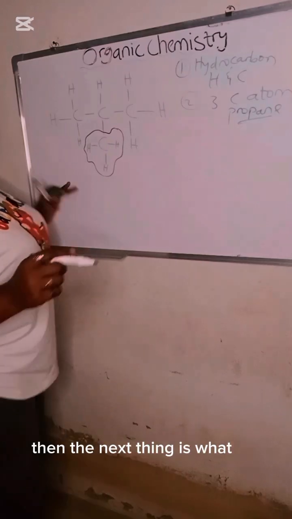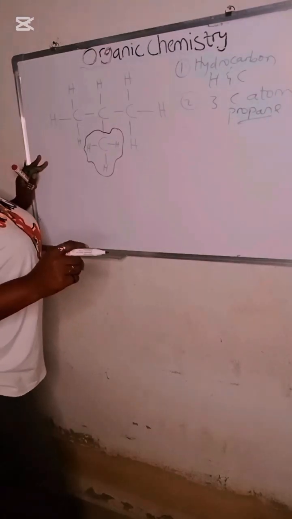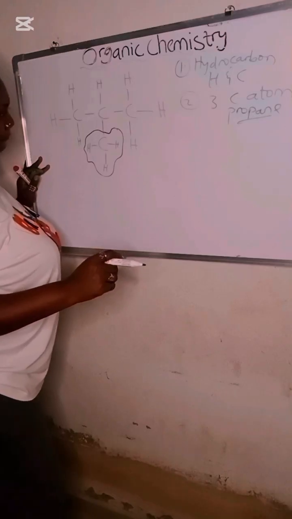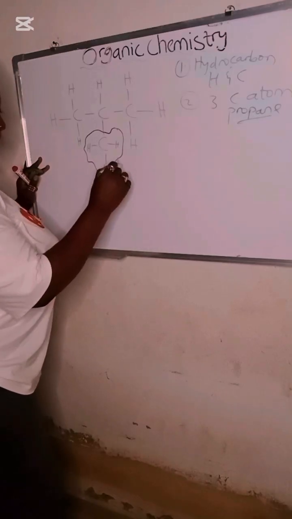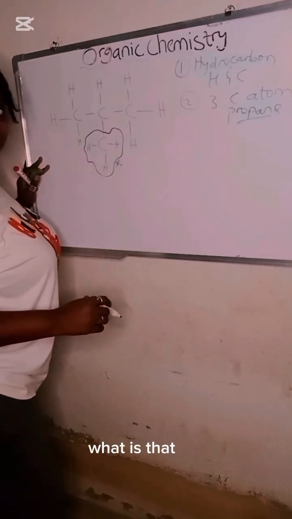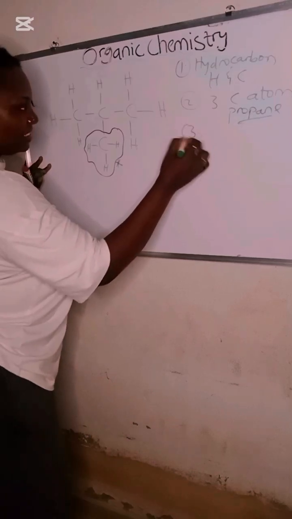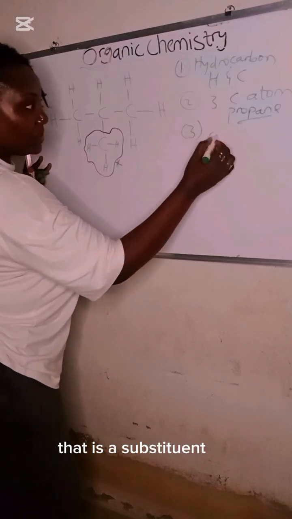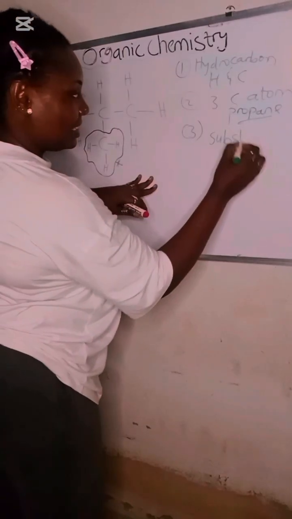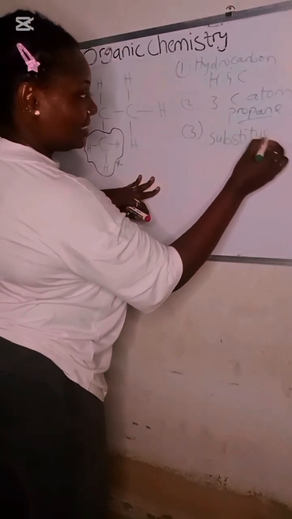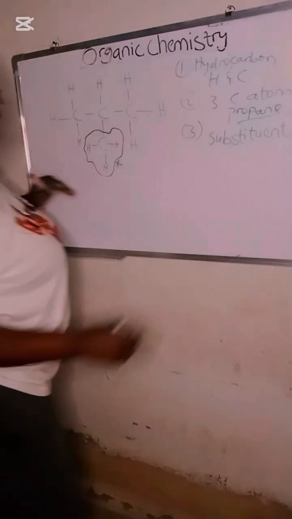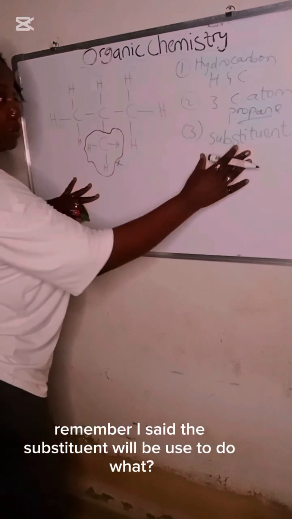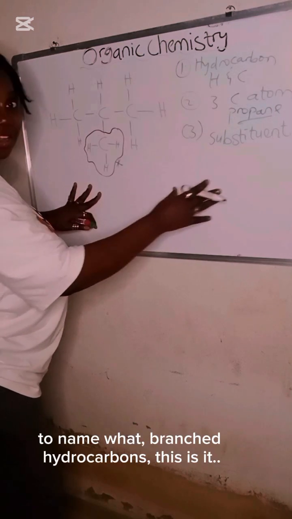Yeah. Then the next thing is what? Look at it very well. What is that? That is a substituent. Remember I said the substituent will be used to do what? To name what?